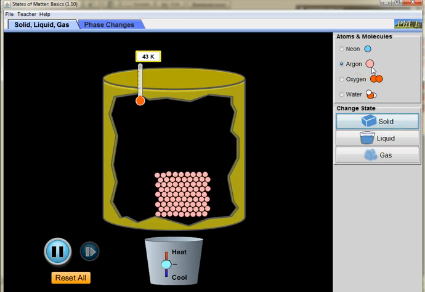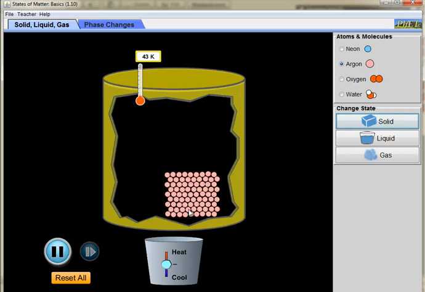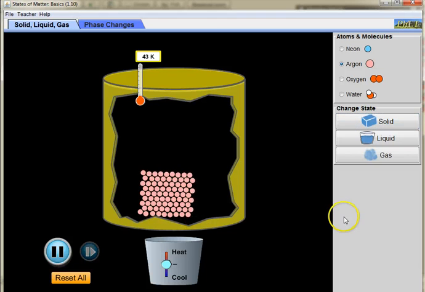Argon is an atom. Yes. So what we can say is whatever is in there is a monoatomic particle, is a solid. Yes, guys. All right.